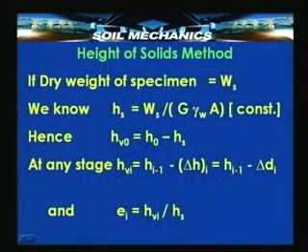So, at any stage, Hv i, that is the height of the voids at instant i, will be equal to the height of the specimen in the previous stage minus the change in height, and change in height is nothing but the change in dial gauge reading.